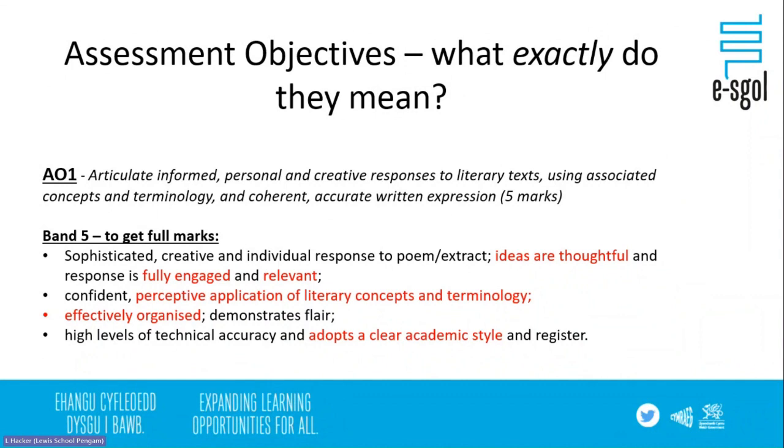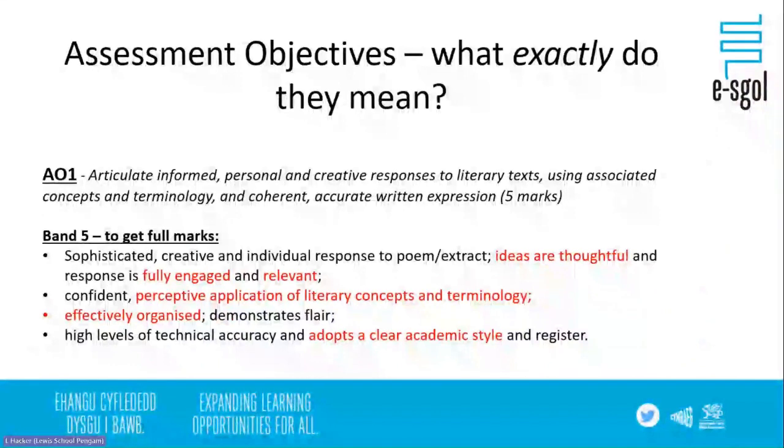Your ideas would be thoughtful and your response is fully engaged and relevant. There would be confident, perceptive application of literary concepts and terminology. Your ideas would be effectively organised and demonstrating flair, and you would show high levels of technical accuracy and adopt a clear academic style and register.